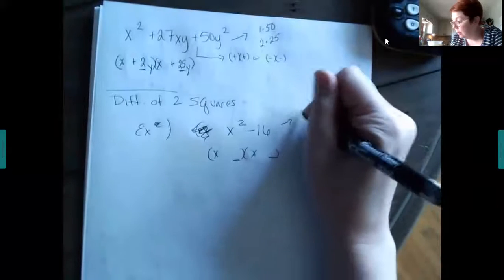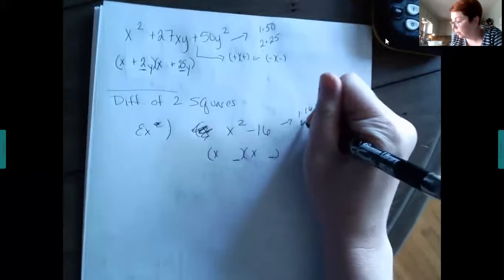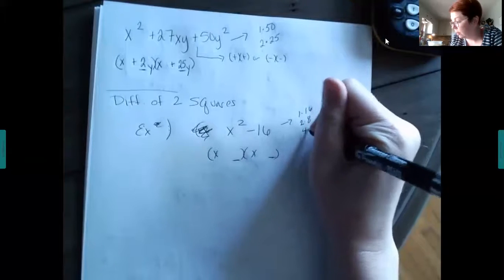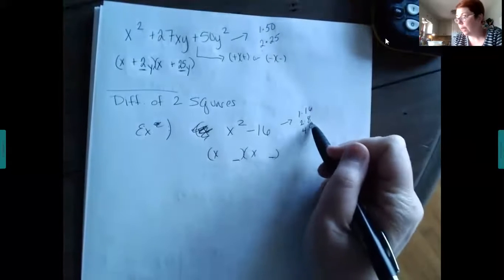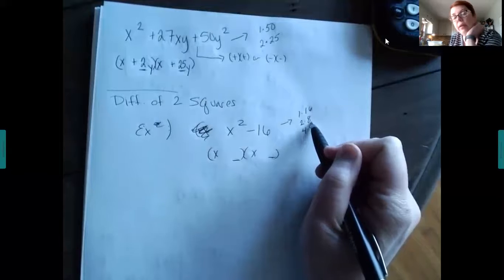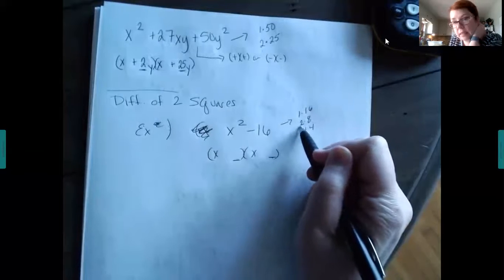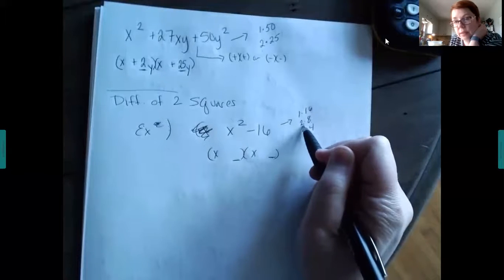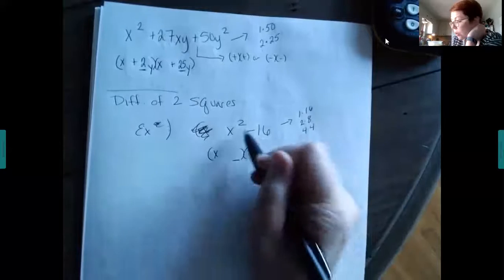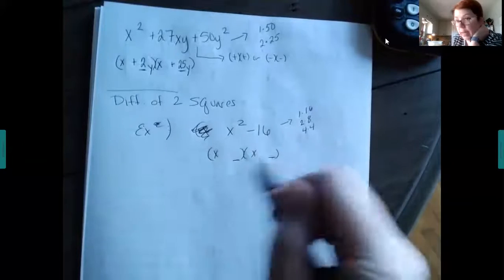So 16 factor-wise, yeah, I could do 2 times 8, right? But if I did 8 minus 2, I get 6. 8 plus 2, I get 10, right? There's no middle term here with an x.